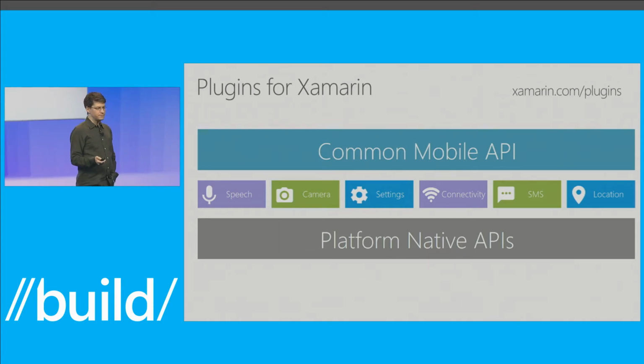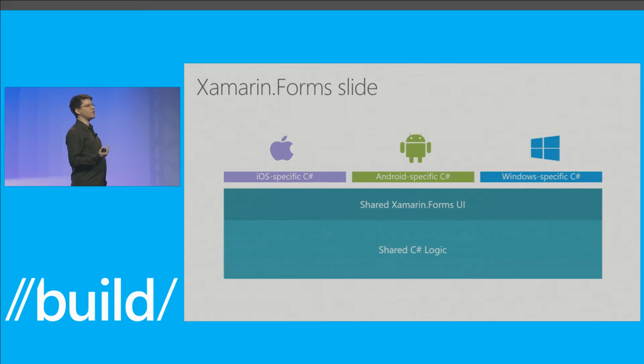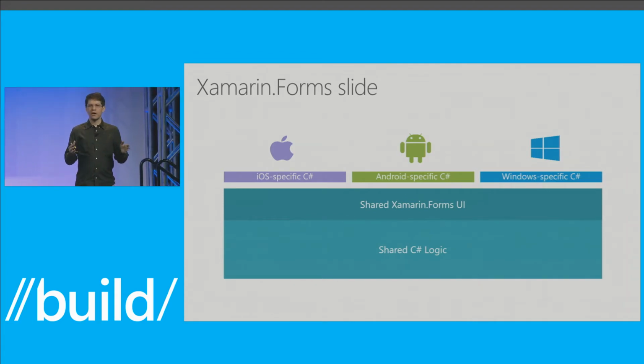But for most things like speech, camera access, settings, connectivity, location, and so on, you can get away with just using a plugin. Now, the second thing that we did is many of our users said, your product is fantastic, but we actually need to produce hundreds of input pages every week. In particular, people dealing with legal issues or insurance companies or anything that has to do with regulation.